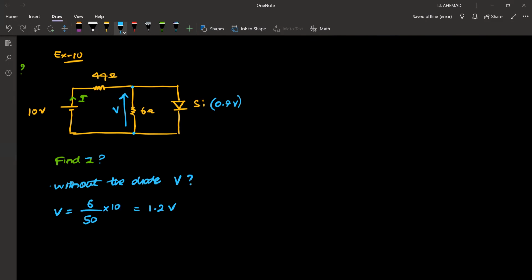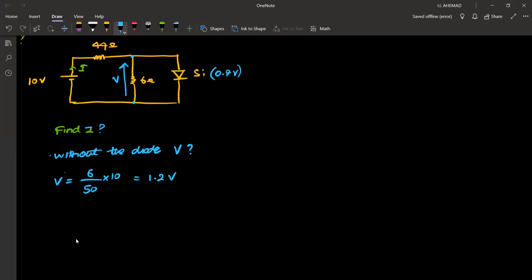Now we have the diode. What can you tell about the diode? Is this voltage sufficient to forward bias it? Yes, this is sufficient to forward bias it. I'll say this is V dash. Since V dash is greater than 0.7 volt, the silicon diode can be forward biased.